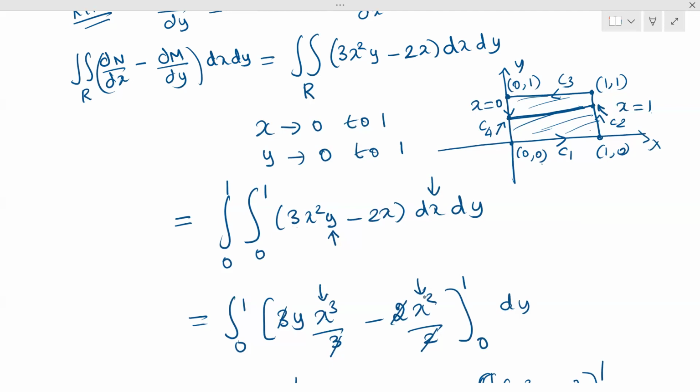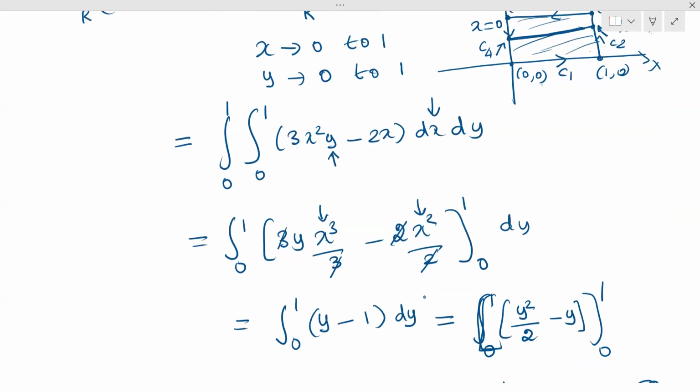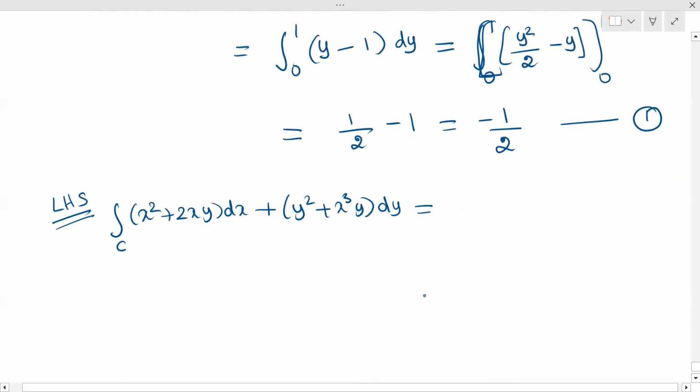So we have to divide our line integral into 4 lines, which is equal to C1 plus C2 plus C3 plus C4.